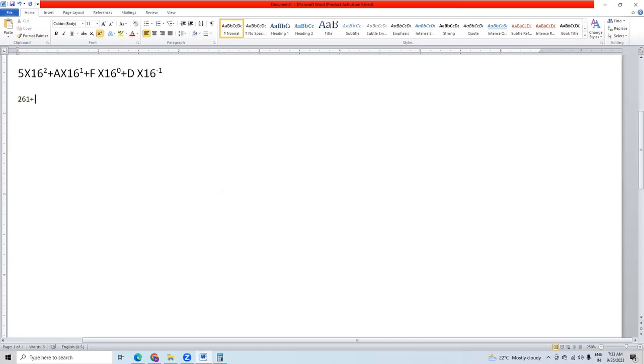This is the answer for 5 into 16 raised to 2. A means how much? 10. 10 into 16 raised to 1. 16 raised to 1 is 16, multiplied by 10, 160. Then F into 16 raised to 0.